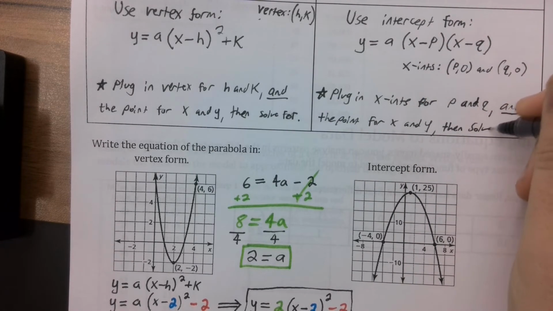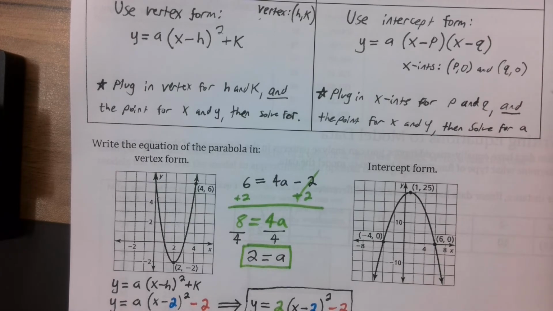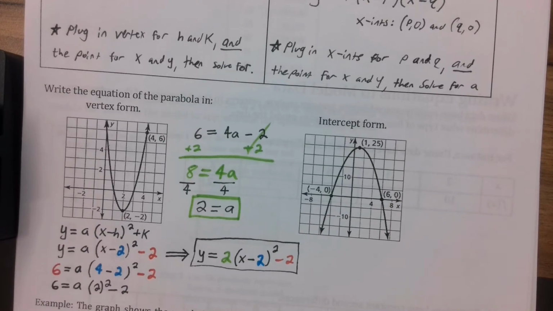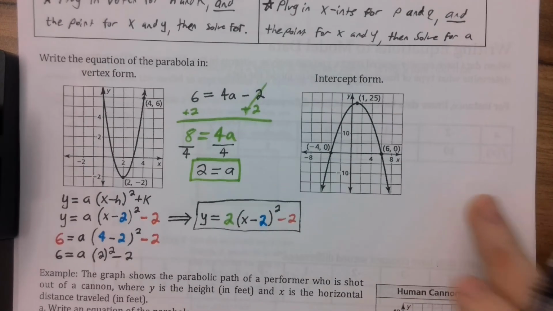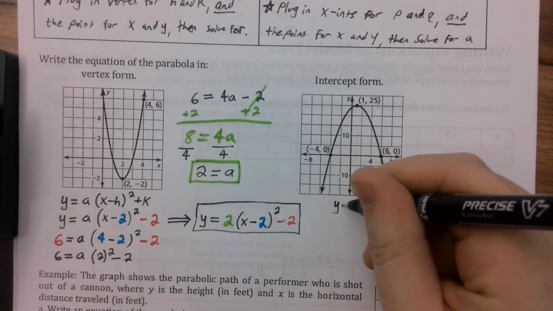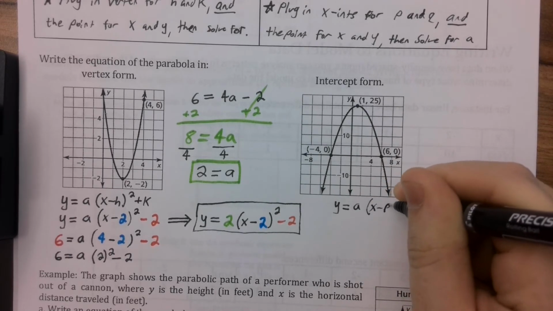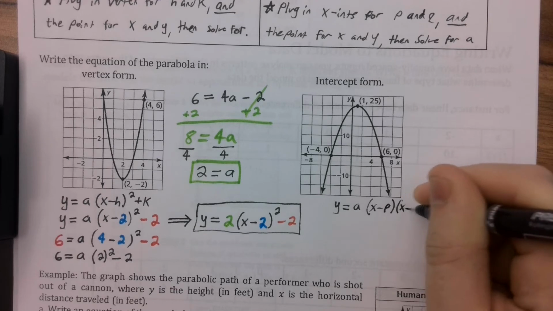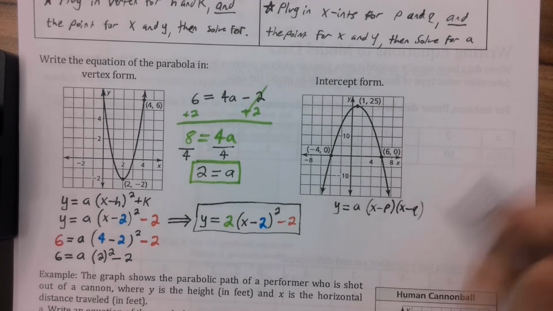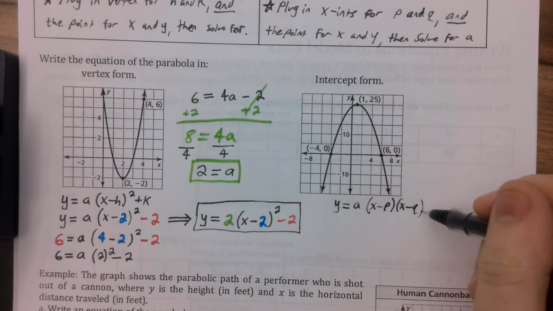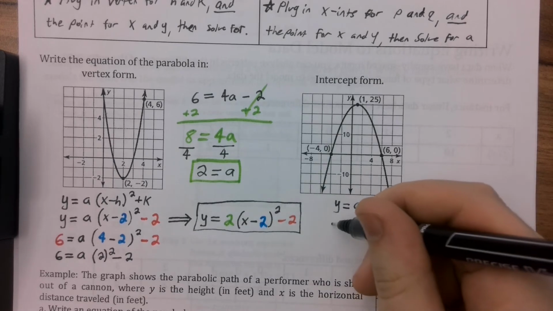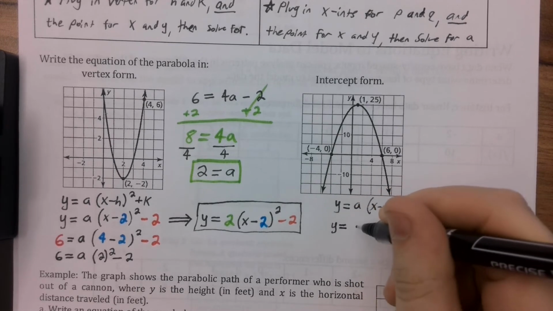Then we can solve for a. Just like the last one, we're trying to solve for the missing piece, the a value. So intercept form looks like a times x minus p times x minus q. And we know that we can plug in p and q as our intercepts.